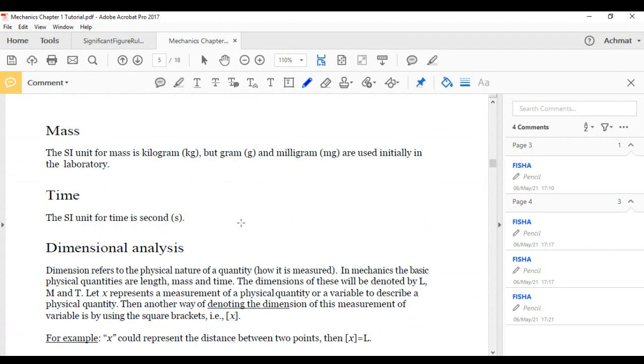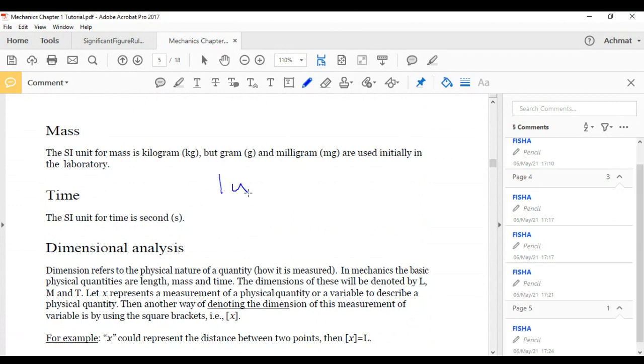So if you want to find out what happens in 1 week, then you must know that 1 week is equal to 7 days in terms of time. So I'll just use a D, and that will be equal to 7 times 24 hours in 1 day.